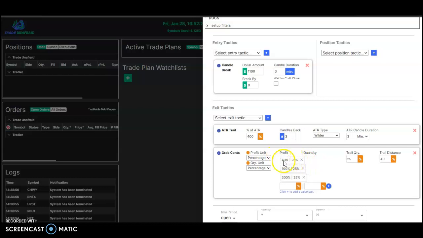So if the option goes to 40%, I take off a quarter position, at 100%, I take another quarter, at 300%, I take another quarter, and then I let it trail at 40% distance, at 40% of position price. This is my remaining quantity.